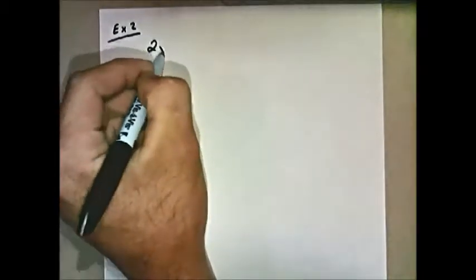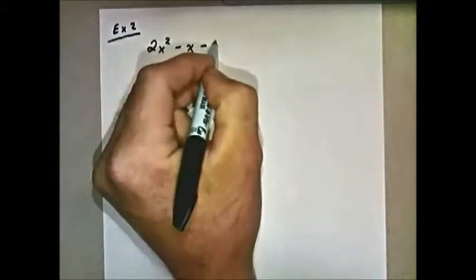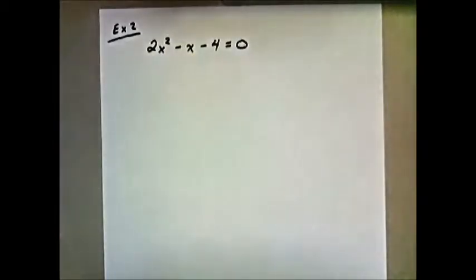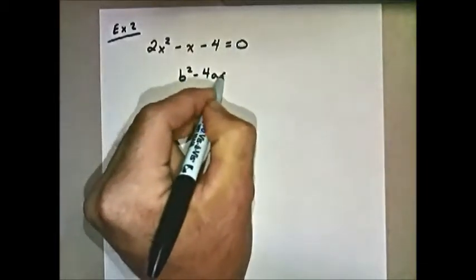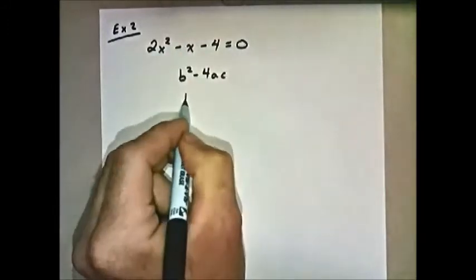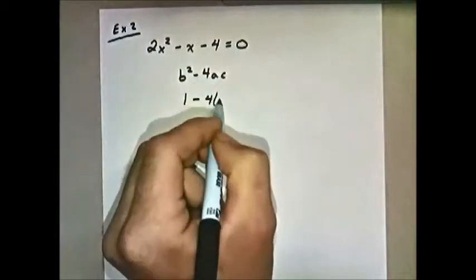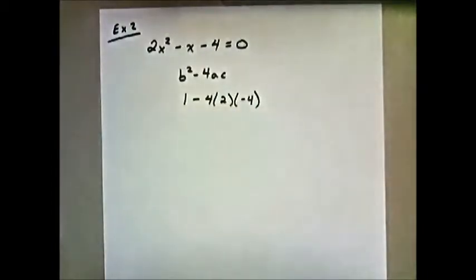Let's go ahead and look at example 2, another quadratic, 2x squared minus x minus 4 equal to 0. Again, if I want to know the nature of our roots, I can simply look at b squared minus 4ac. B squared, we have negative 1 squared, so we have 1 minus 4 times a, which is 2, times negative 4, which is c.